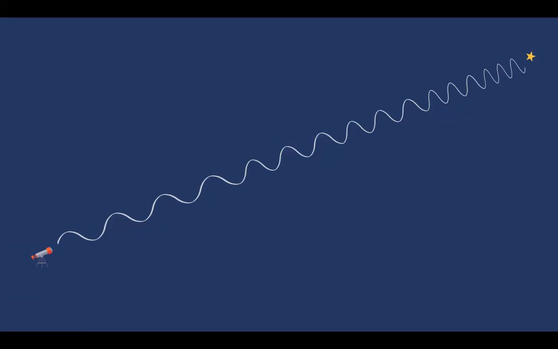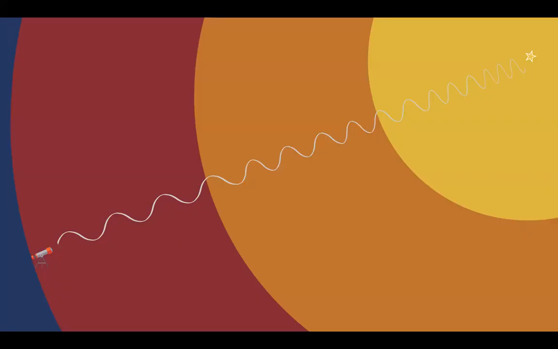Recall that the universe is expanding. And so as that light travels to us, it's going to be expanded and the light wave is going to be stretched. So what this means is that for that very distant object, if it's emitting yellow light, that light might appear to us as red because the wavelength has been so stretched that it has shifted color.